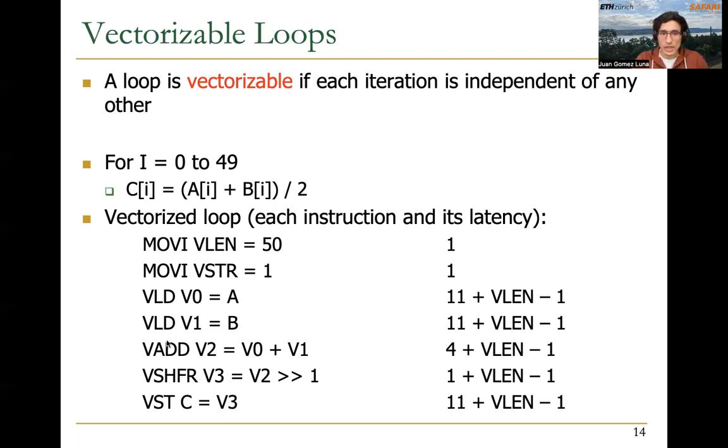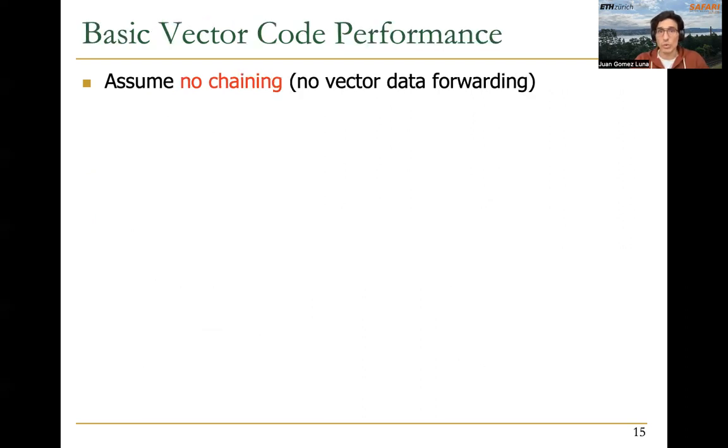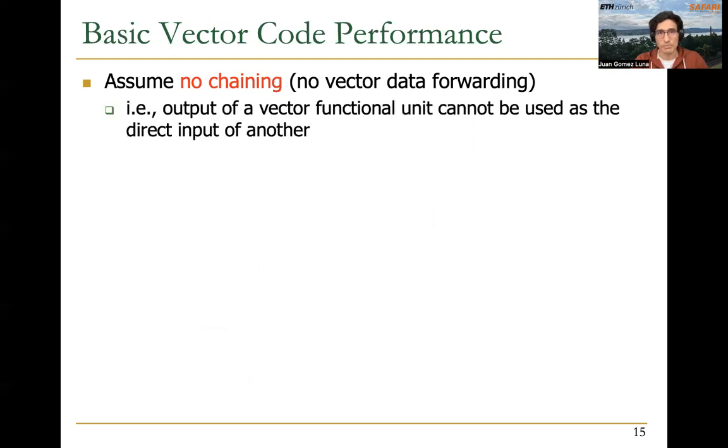So that's why the entire vector load operation is going to take 11 cycles, that is the latency of a single memory access, plus VLEN minus 1, 49, which are the remaining elements that we will start obtaining one cycle after the other when executing this vector load instruction. In total, here we have 7 dynamic instructions, and we will see how we execute them.